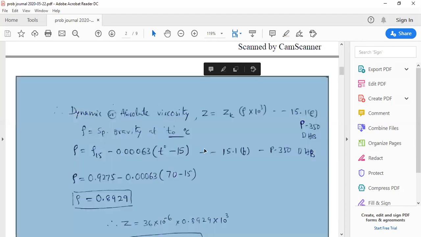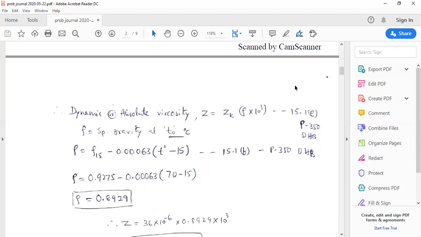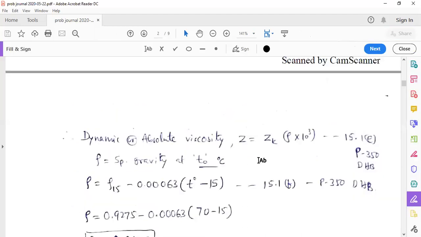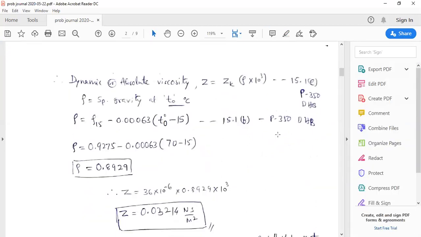Here T naught is nothing but the operating temperature that is given, T naught degrees centigrade, which is given here as 70 degrees centigrade.